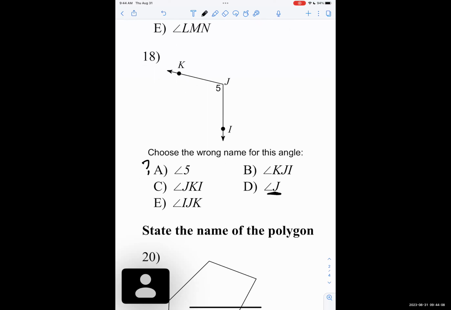Which one has the wrong letter in the middle? C is wrong because you could either have only J or 3 letters with J in the middle.